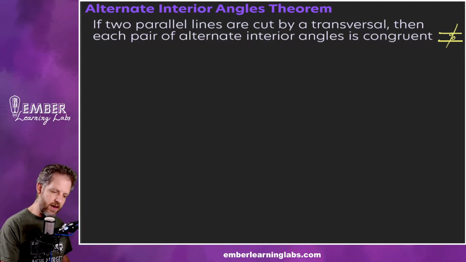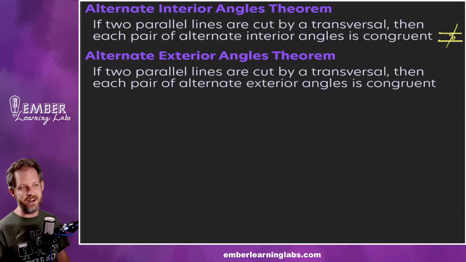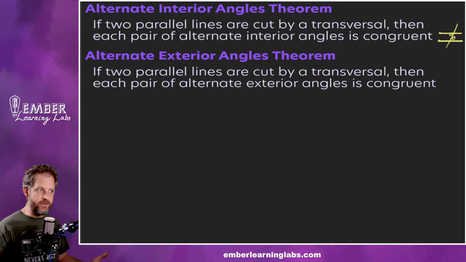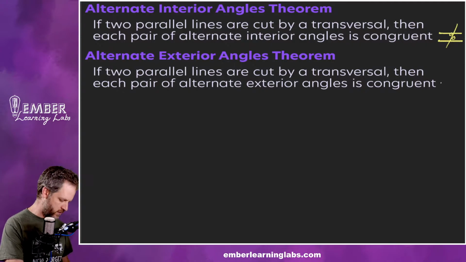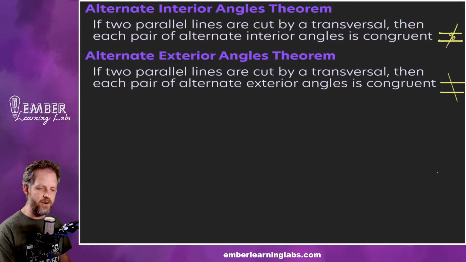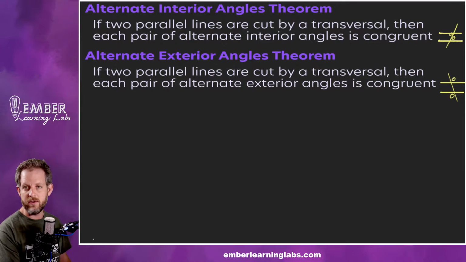And then also the alternate exterior angles theorem. If two parallel lines are cut by a transversal, then each pair of alternate exterior angles is also congruent. If we had something like this, a slightly different version, then this one would be congruent to that one.